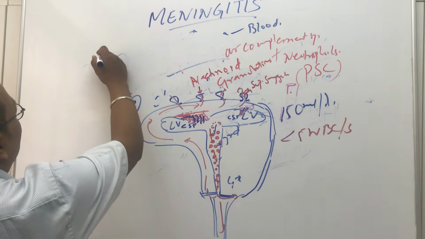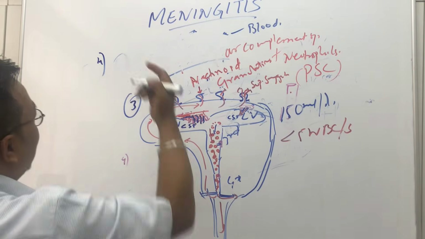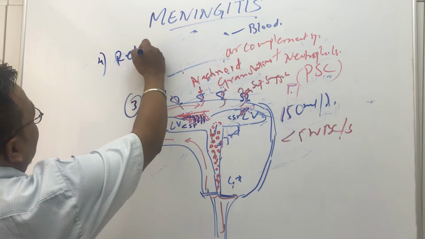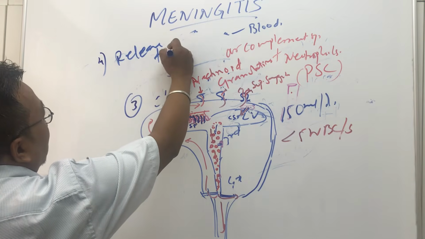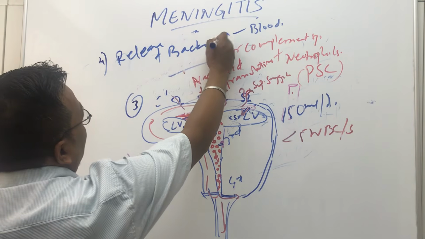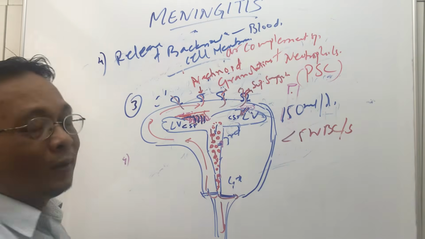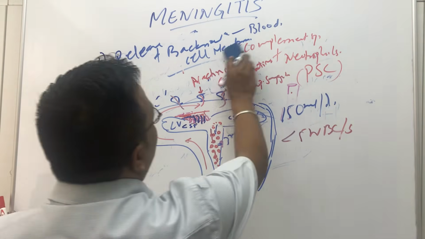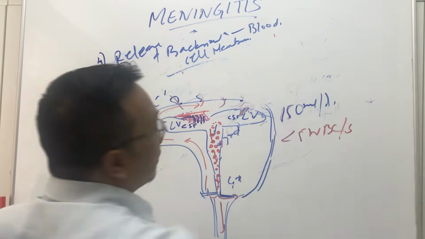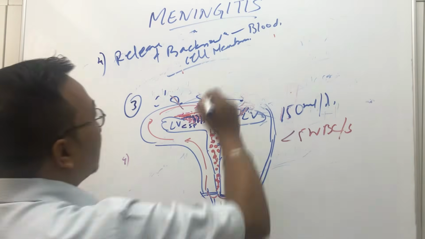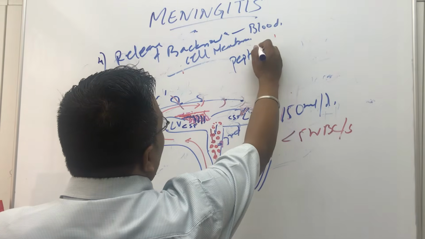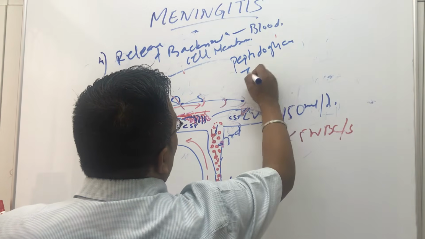So number 4, when one bacteria dies, there is a release of bacterial cell membrane. Now what does this bacterial cell membrane contain? It contains peptidoglycan, teichoic acid.